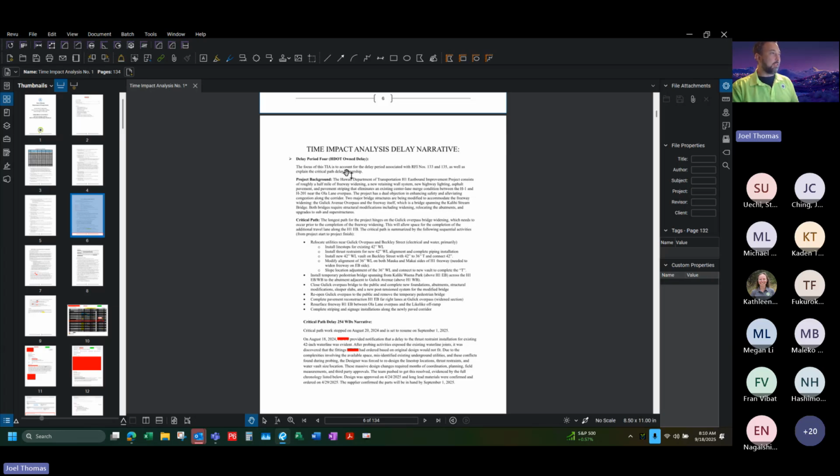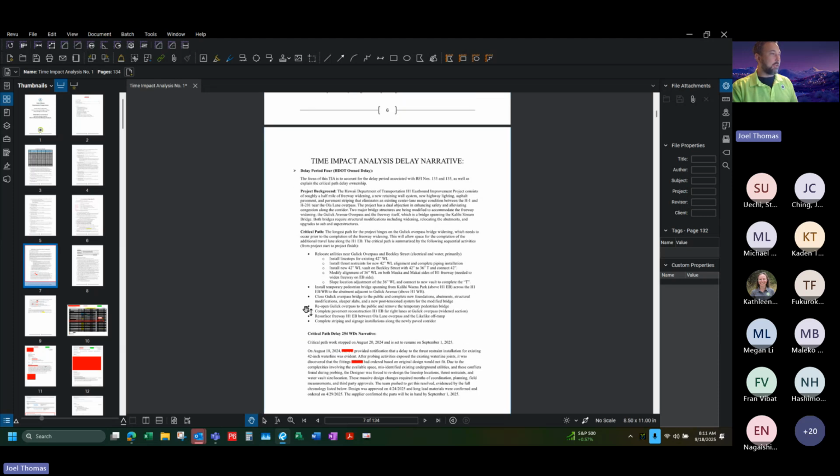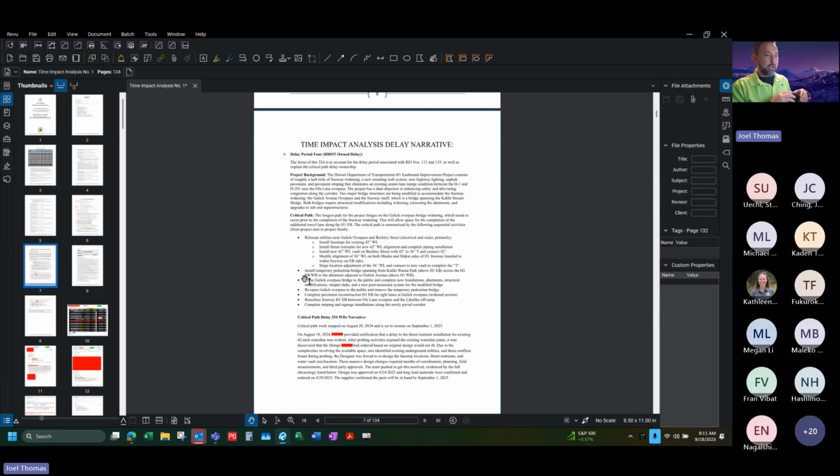And part of this, I gave a brief project background and then a critical path for this project. And I know in the previous training I was doing, we were talking a lot about trying to find the concurrent delays and all that kind of stuff. For this particular project, it's a pretty well-defined and easy to understand critical path.